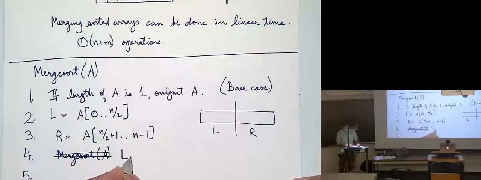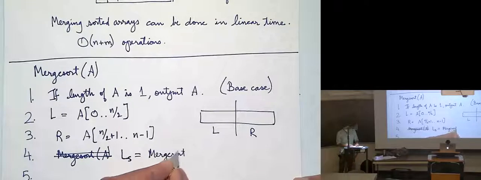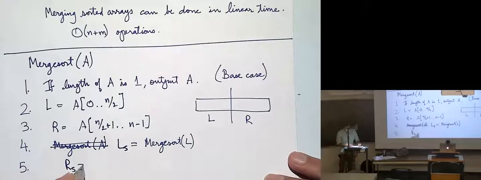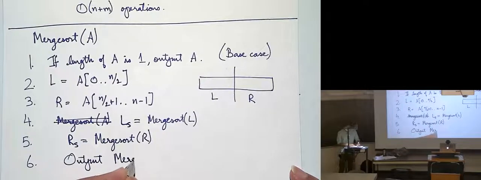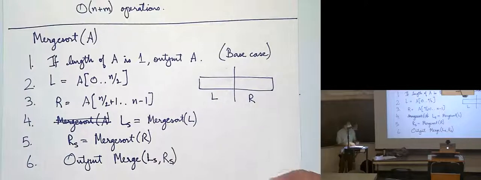L sorted is equal to the merge sort of L. R sorted is the merge sort of R, and then you output merge of L sorted and R sorted.